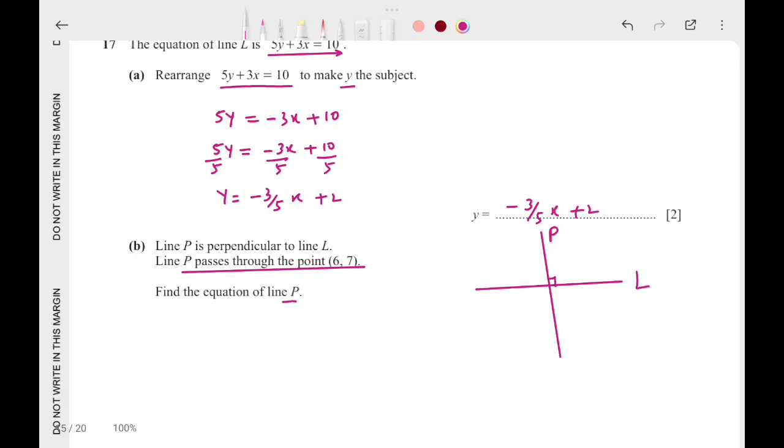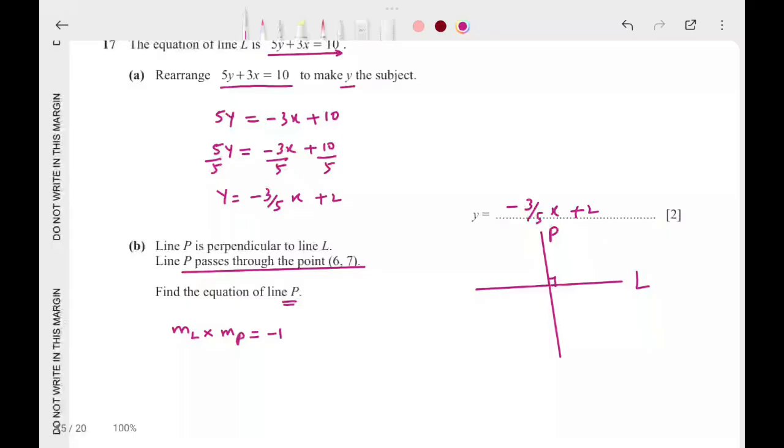Find the equation of P. Now we know that the gradient of L times the gradient of P is equal to minus 1 if both lines are perpendicular. With the help of this property we can find the gradient of line P. Then afterwards we can use the given point to find the new equation.